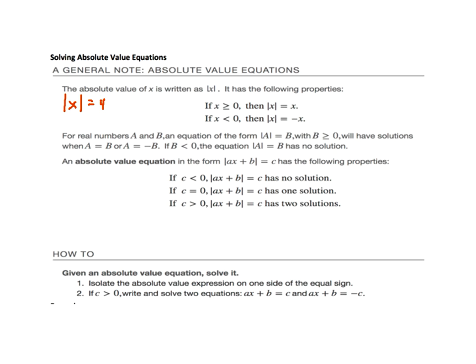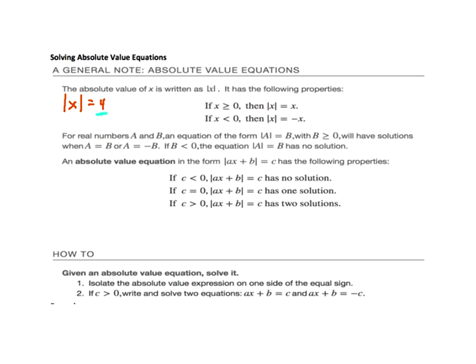What that equation that I have written in orange there is saying is, what value, that's the x part, what value lies a distance of 4 away from the origin.